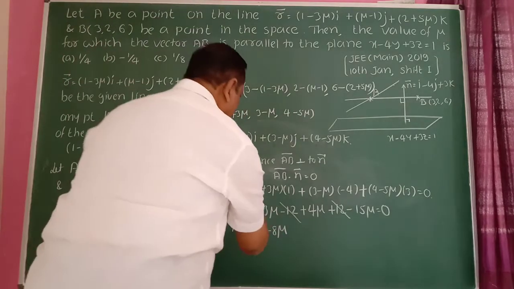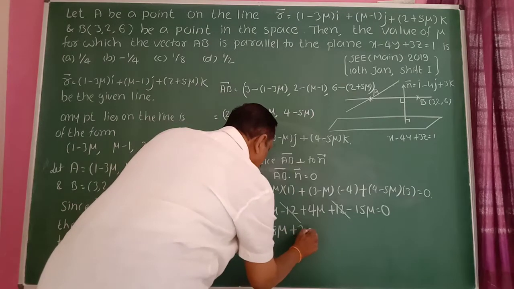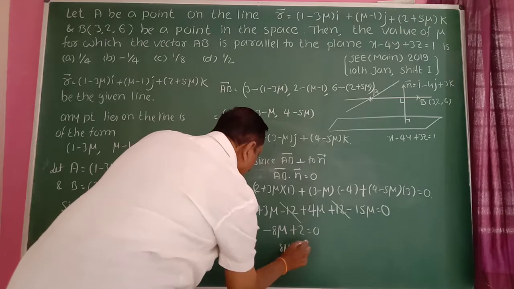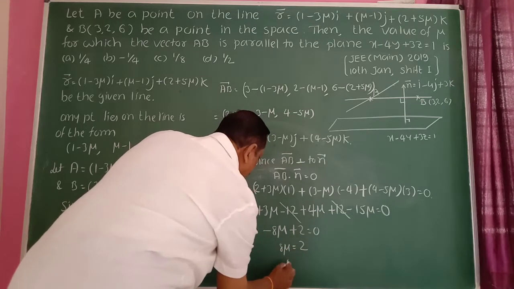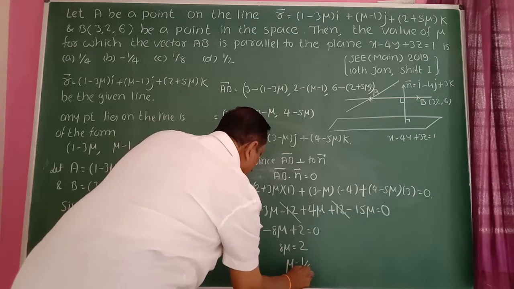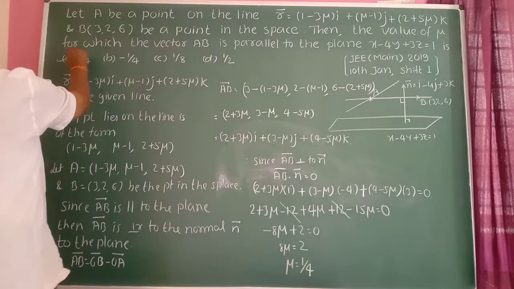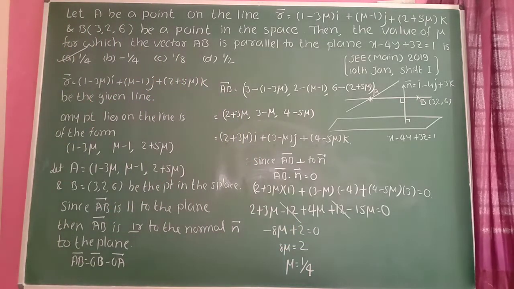The remaining 2 is there: -8μ + 2 = 0. Hence 8μ = 2, therefore μ = 1/4. So 1/4 is the answer, the first option.